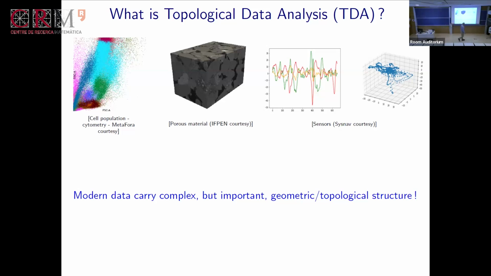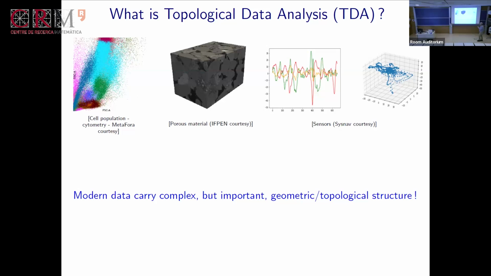Another example where you can see topology in data is when each observation in your data set is itself already quite a complex object. For example, here you have a 3D image. This is a cube, and inside the cube you have some voxels. It's like pixels, but in 3D.